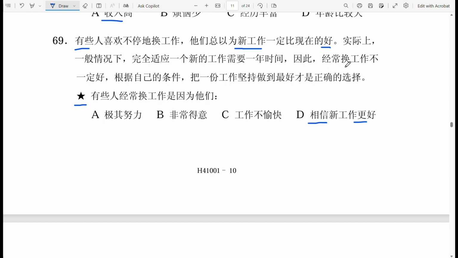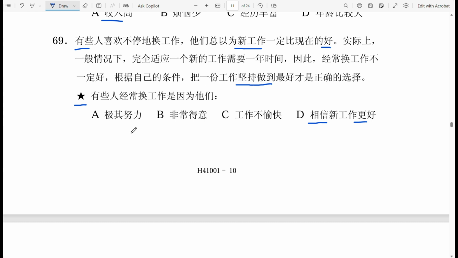Therefore, 经常换工作, changing your job often is not necessarily good. 根据自己的条件, according or depending on someone's condition, 把一份工作坚持做到最好, continuing to do one job as well as possible, 才是正确的选择, is the correct choice. So after reading all of this, we can go back to our answers.